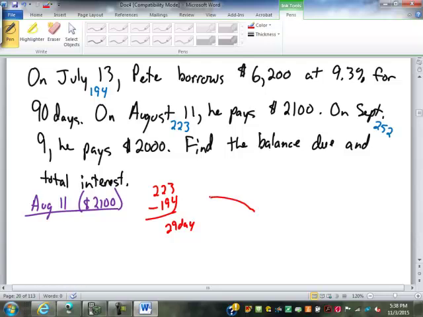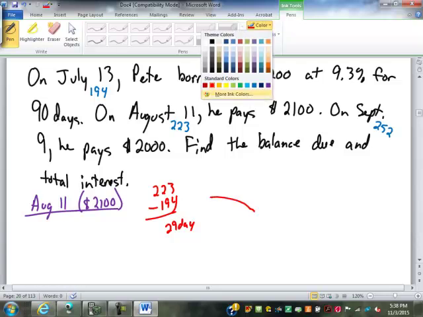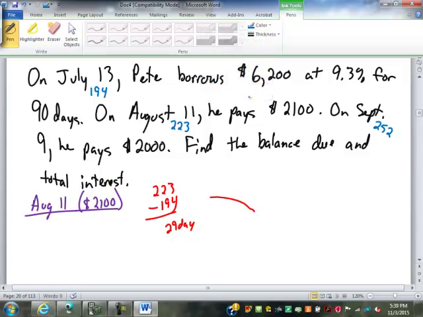So we got to figure out our interest for 29 days. So I equals our principal of 6,200 times our rate of 0.093, that's from the 9.3%, times 29. This is over 360 or 365?